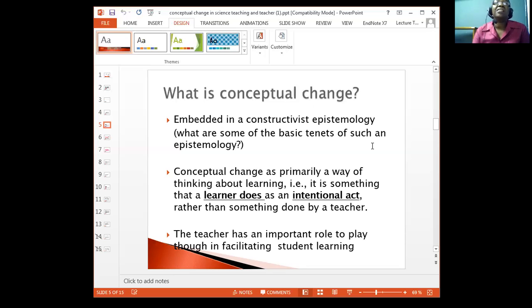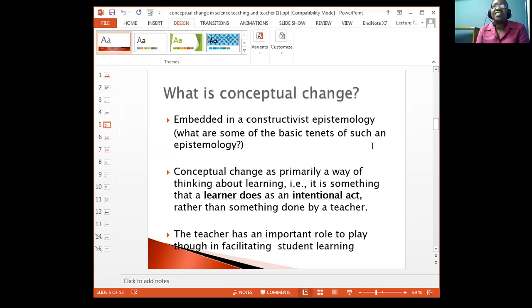All right, and that is going to be very important in conceptual change, because what we want to do is to get what is inside the students' heads so that we can do something about it. Conceptual change is something that the learner does, right? And it has to be deliberate, intentional.